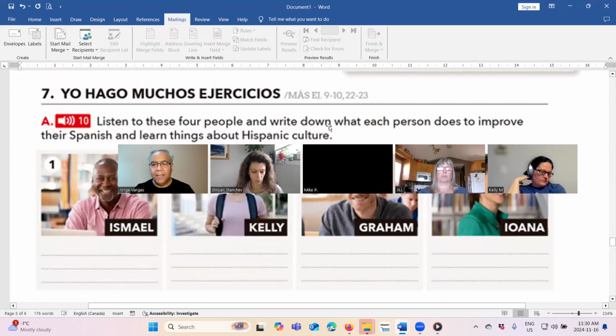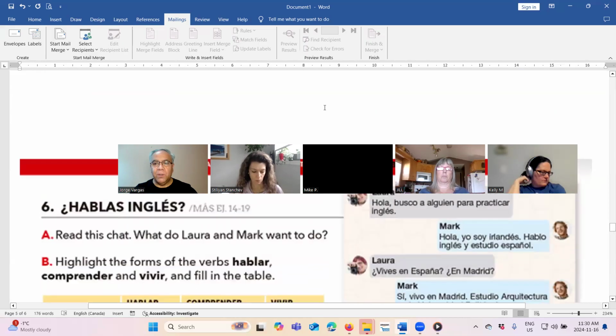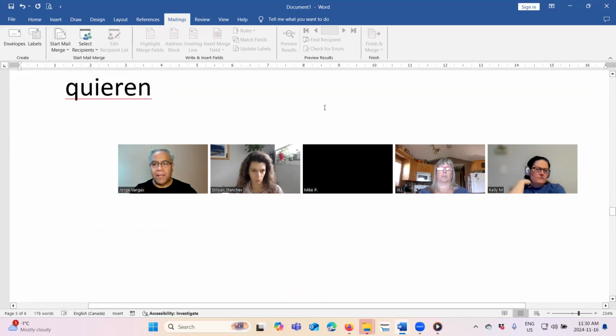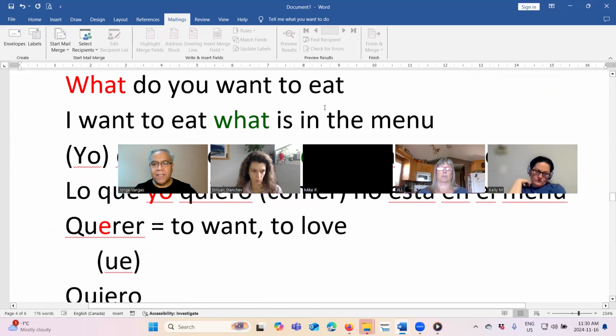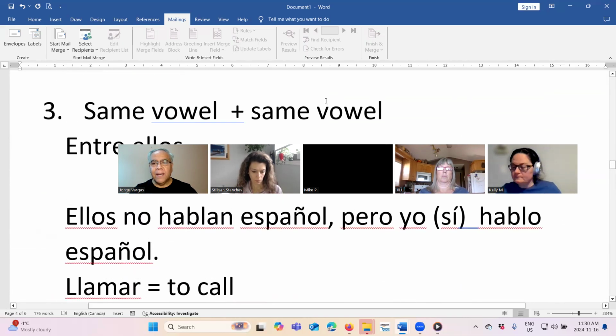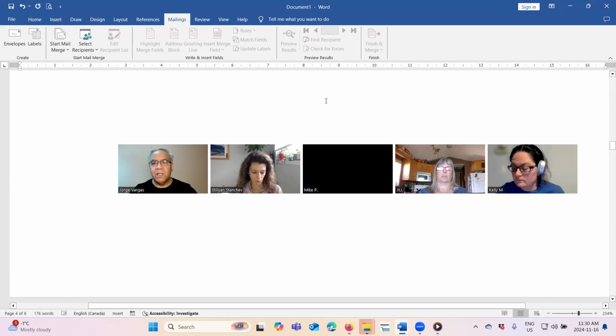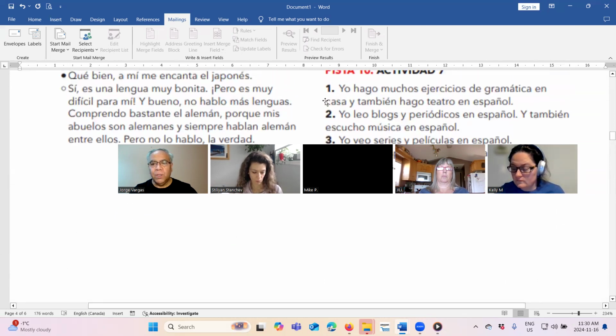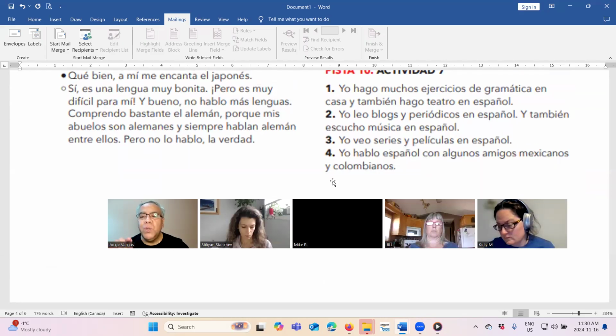Ismael, Kelly, Graham, and Yona. And this is what they do in order to improve their Spanish. So we're going to start next class with that. You have the transcript, and we'll have a little conversation on what they do in order to learn Spanish, and then we'll switch to what do you do.